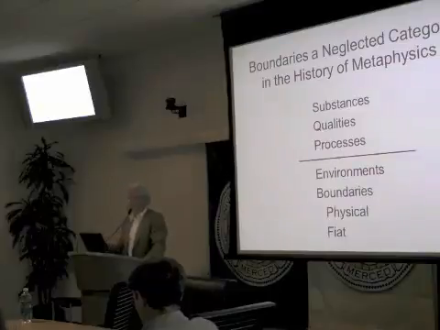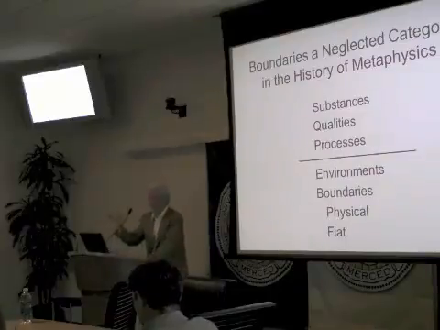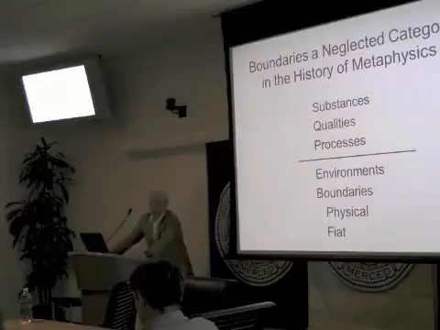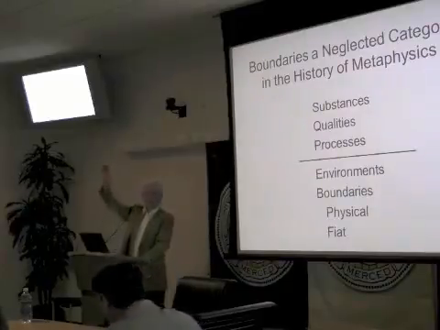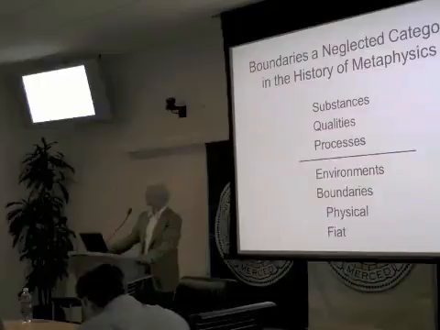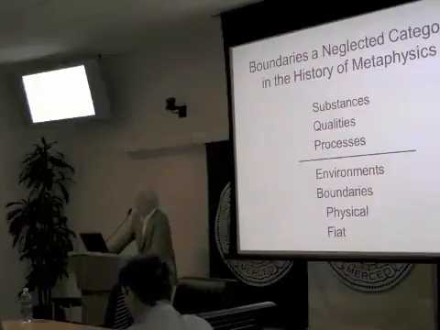And we can understand wholes in the sense I described only if we understand boundaries. And then we need two kinds of boundaries. We need physical discontinuities, the boundary of this table or of the floor here, and we need what I call fiat boundaries, which are the boundaries which are marked by means of the dotted line, and which are, in very many cases, also vague.